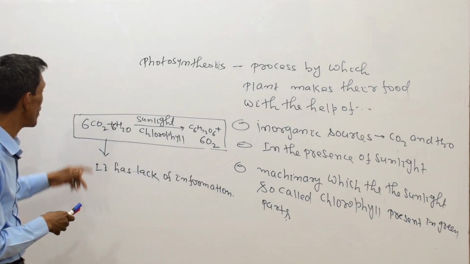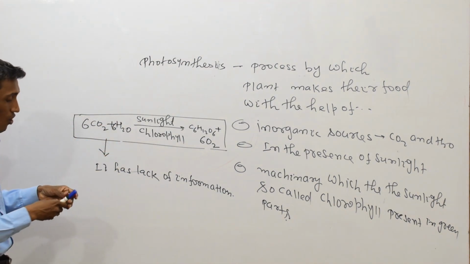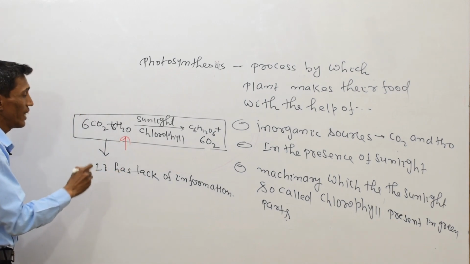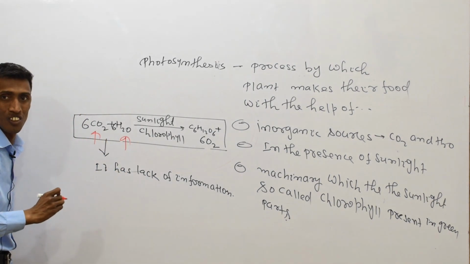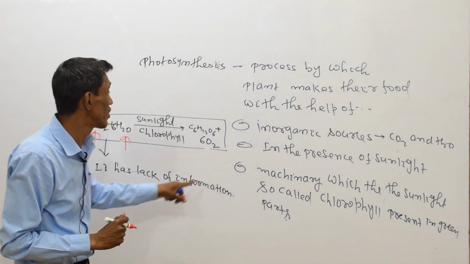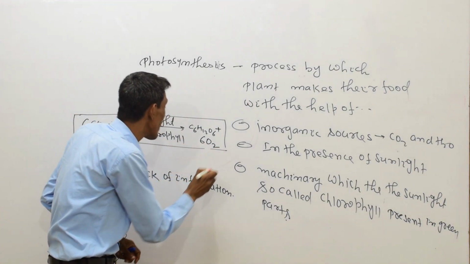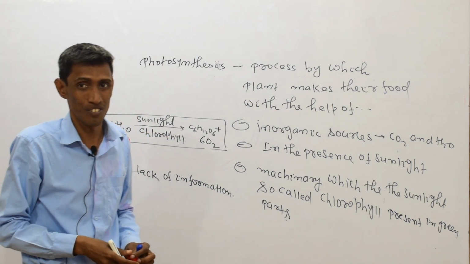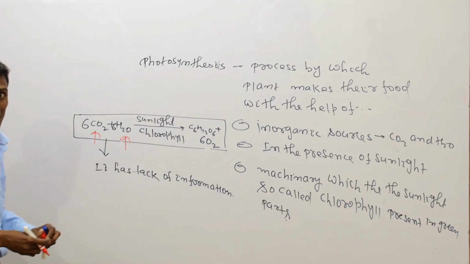Because oxygen is available at two sites, one is water and one is CO2. So the oxygen that is being released, where is its origin from? Is it coming from water or from CO2? That was the question, isn't it?